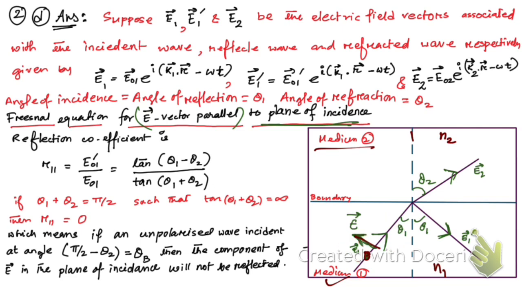So in that case, if this is an unpolarized wave, then the electric field component will be in this direction also. If you imagine that the unpolarized electromagnetic wave is coming out of this screen this way, then you can get the electric field in this direction, in this direction, in this direction, in this direction.